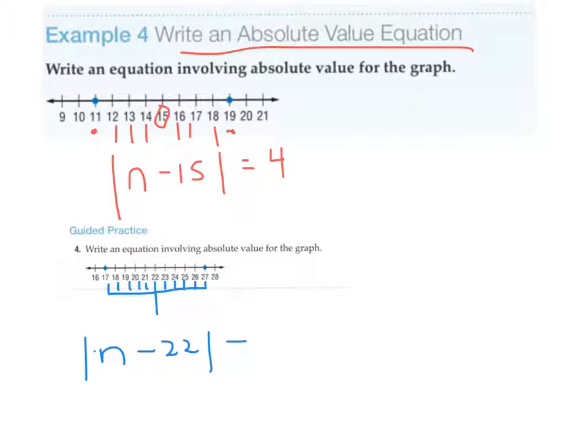And it's going to equal those distances, 1, 2, 3, 4, 5. And so I've created my equation based off the fact that this number is the midpoint number, and this is the distance from that midpoint. And that's absolute value because it's a distance from 0. And in this case, we create a new 0, which is the negative 22.